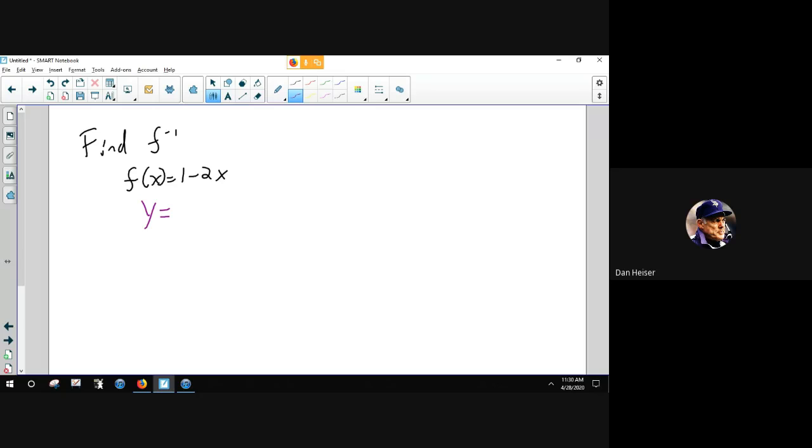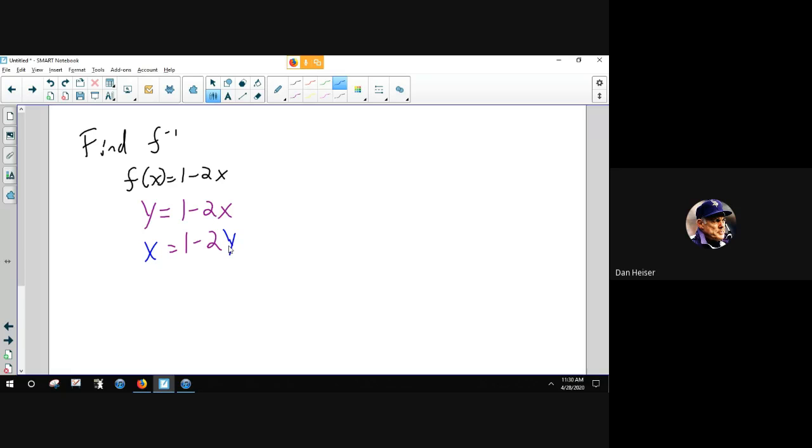Instead of f of x, I'm just going to write this as y equals 1 minus 2x. And now, we do a little magic. I'm going to replace x with y and y with x. I'm going to flip them. And now, our goal is to get this y all by itself.